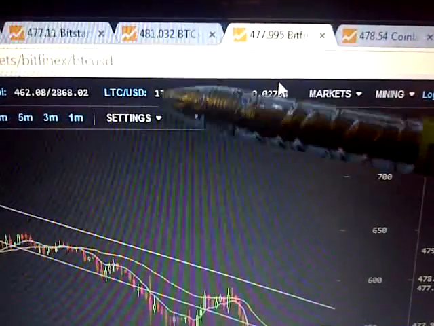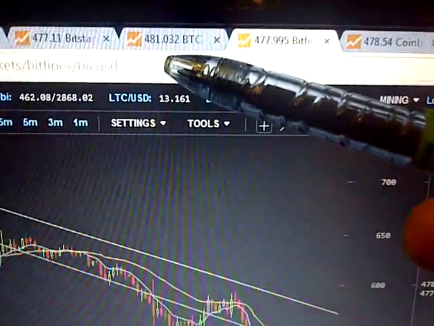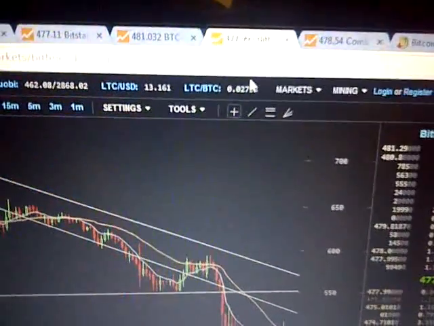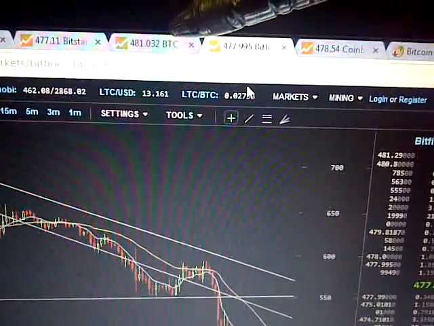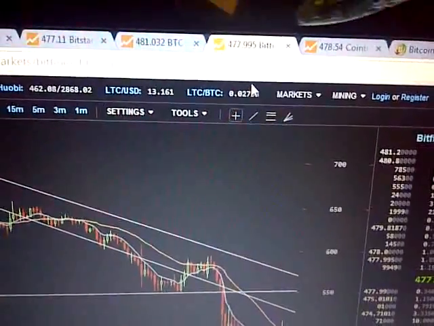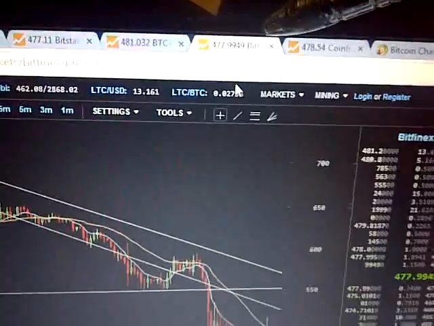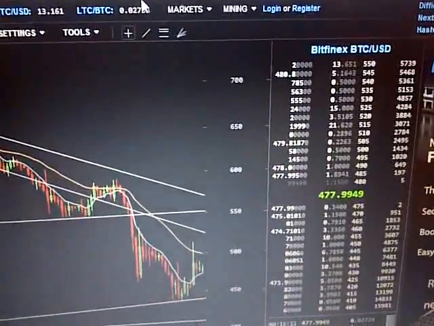For example, Bitsy is higher in price. Sorry about that, it's not zooming in. Okay, there we go. Bitsy's higher in price, so you could do something with that price range versus a lower price, which is Bitfin, at 477.